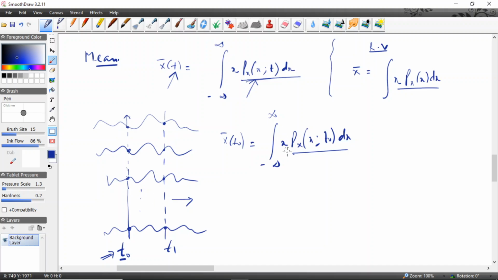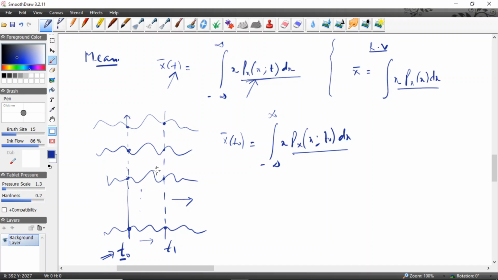So px in this case is not independent of t. It is basically a function of t, because every time instant you take the samples, the random variable is going to be different, and as a result, its PDF will also be different.